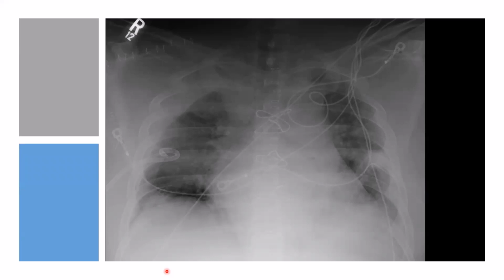We might need an echo or EFAST to see any collection in the mediastinum and in the pericardium. And actually, I would go for a CT angio to study and see what the cause of this issue is.